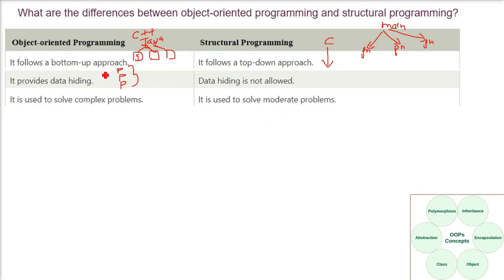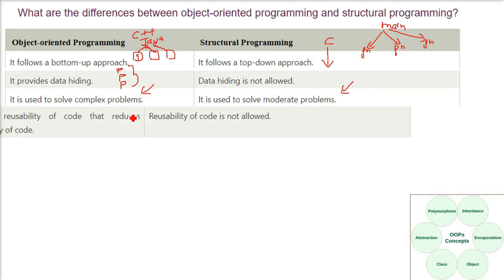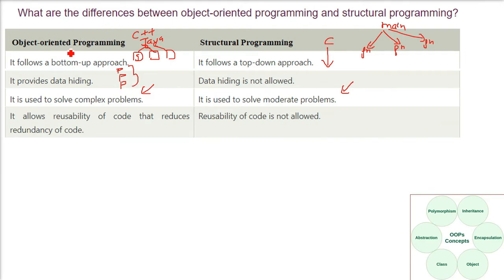In object-oriented, we have the solution to complex problems, because it is implementing the real world scenario. In structural programming, moderate to easier kinds of problems can be solved. Complex structural programming is not good. Object-oriented programming is giving you inheritance, and there are other concepts.